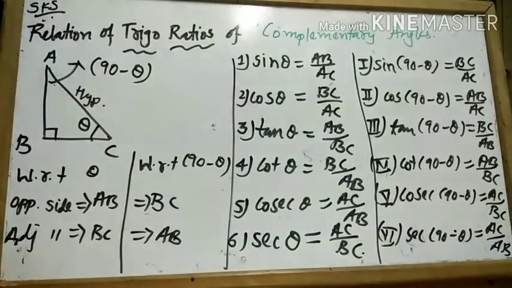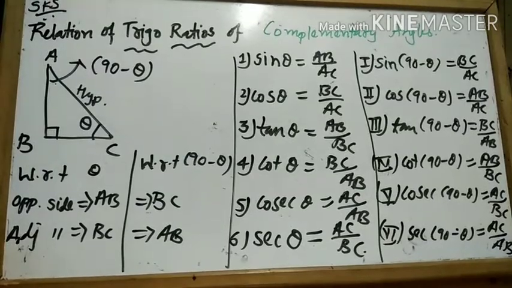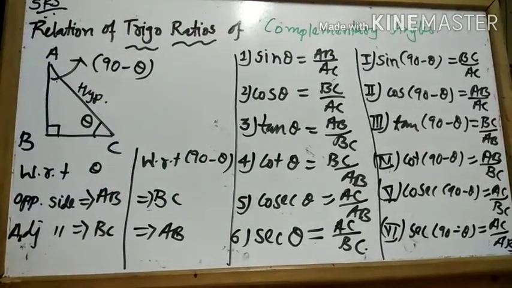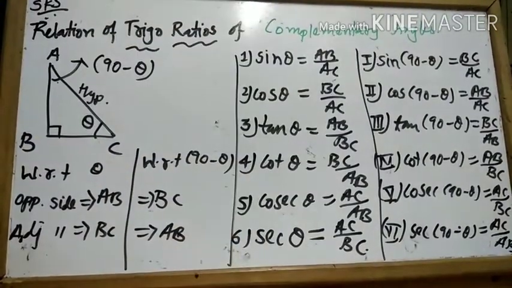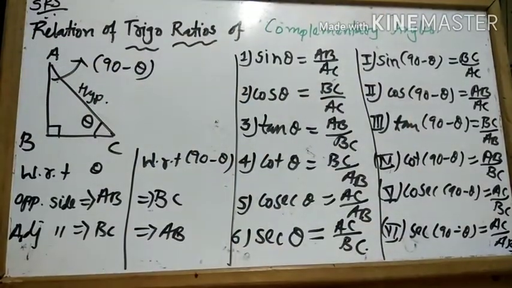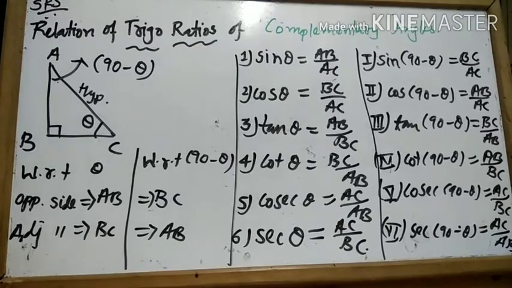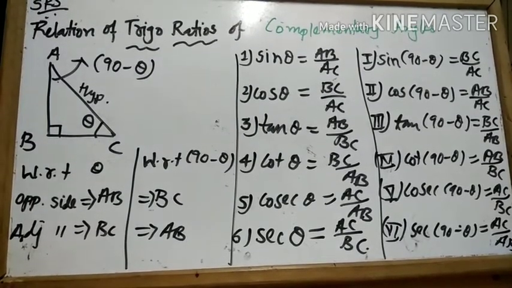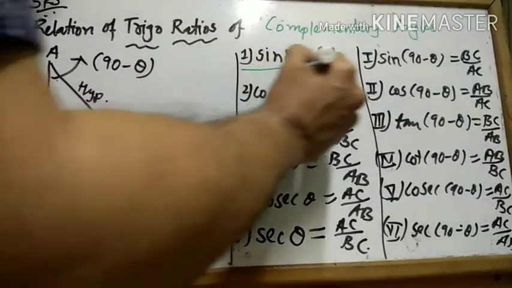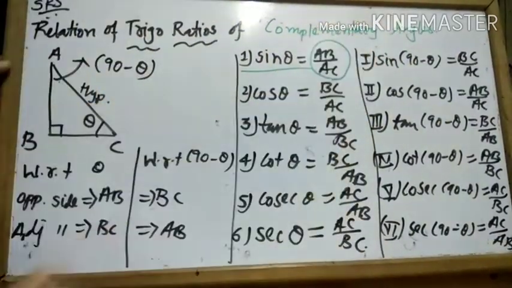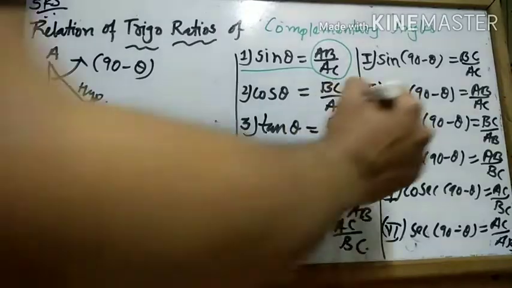My dear friends, I have written down 12 ratios. The first 6 I have labeled as English 1, 2, 3, 4, 5, 6, and the remaining 6 as capital Roman 1, 2, 3, 4, 5, 6. Now observe this very carefully. What is the value of this? AB upon AC. What is the value of this?